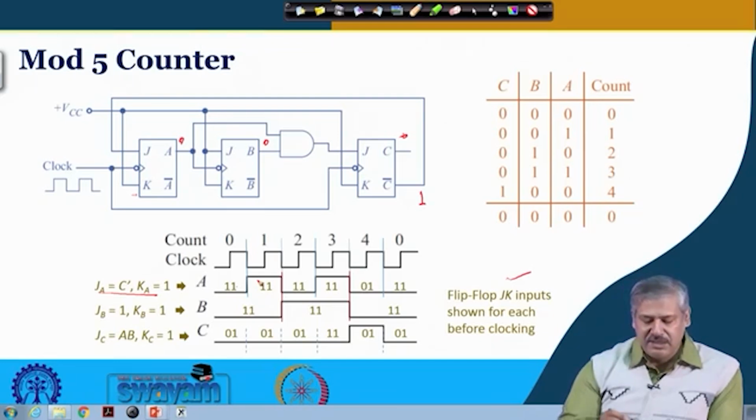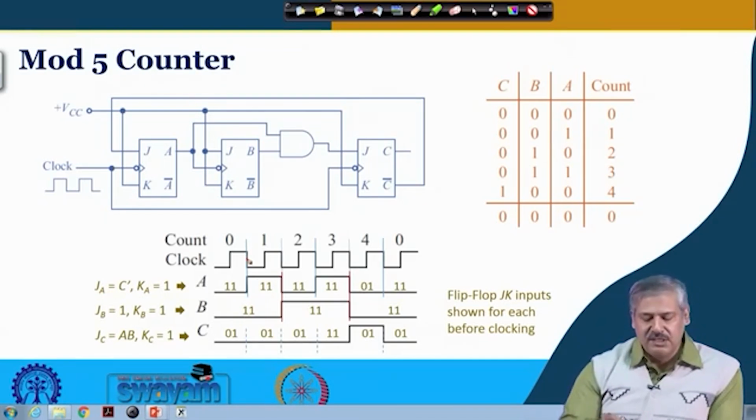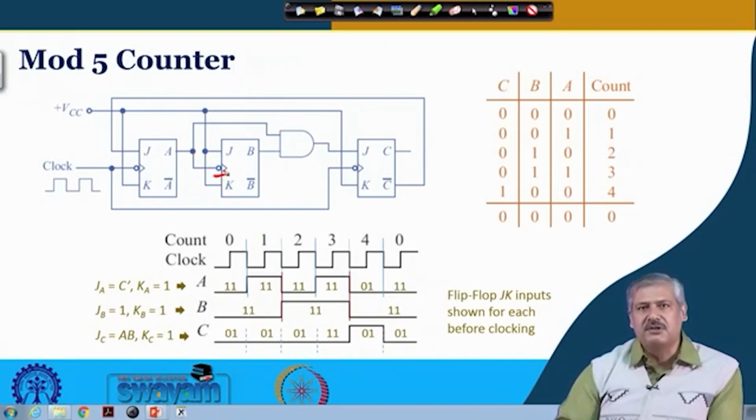Now, when A goes from 0 to 1, this flip flop does not get the trigger. This flip flop will get the trigger whenever A goes from 1 to 0, at the negative edge of it, because it is a negative edge trigger, right. So, you can see for B flip flop there is no trigger.